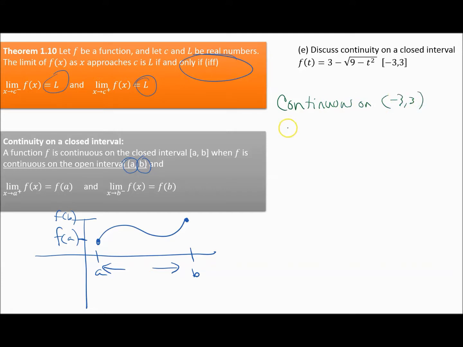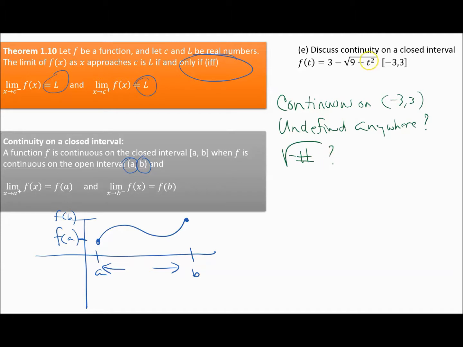To find that, I have to ask myself, is this undefined anywhere? Are there any values you cannot plug into this function? Well, you can't have a negative under a square root, right?